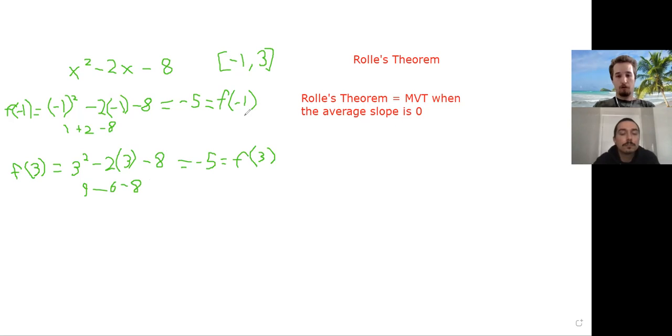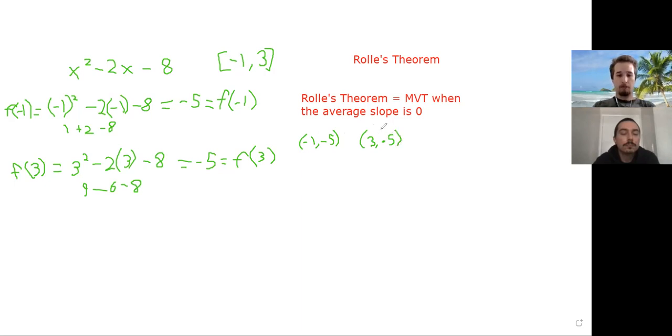Okay, so on the interval -1 to 3, we have the two endpoints. We have f of -1 is -5, and f of 3 is also -5.